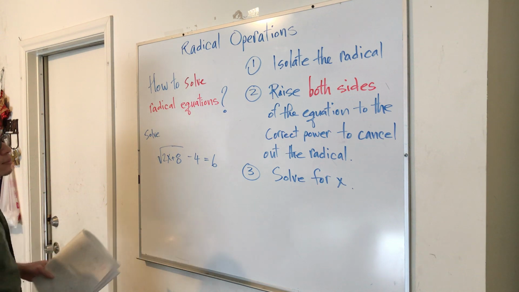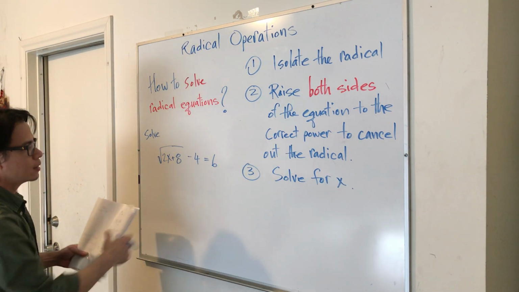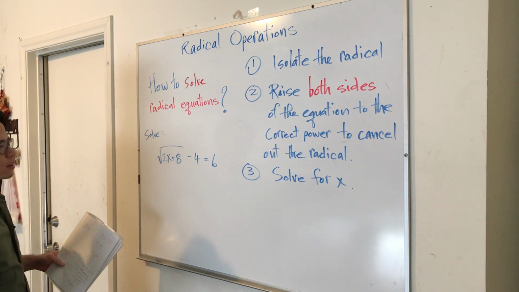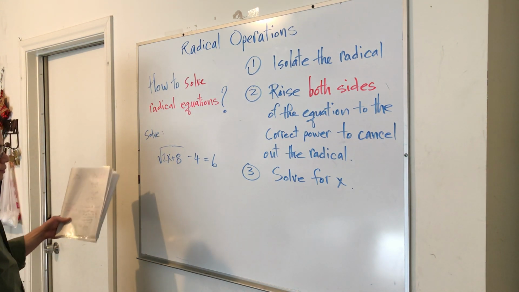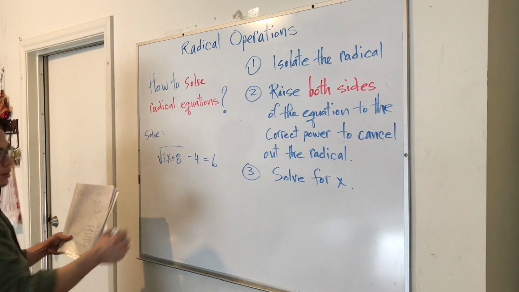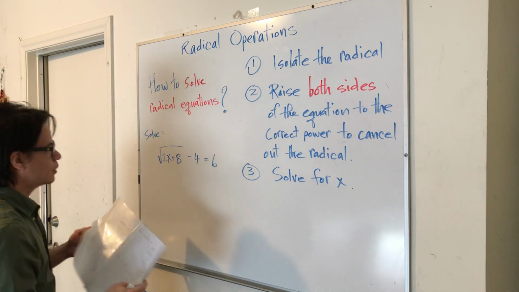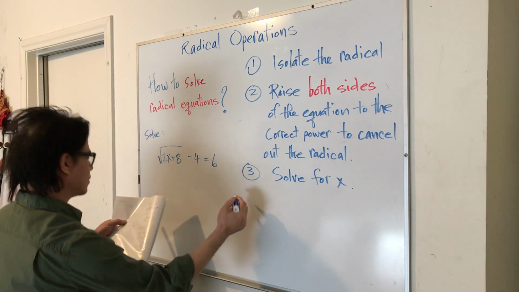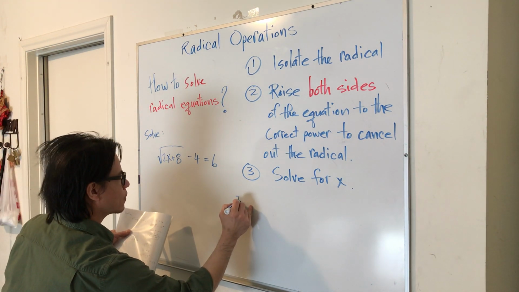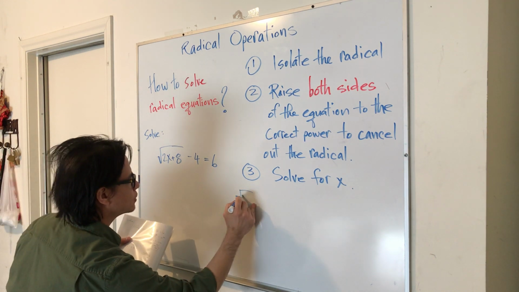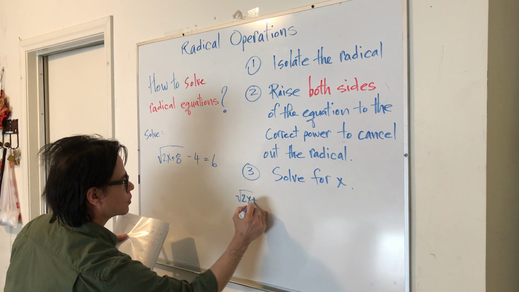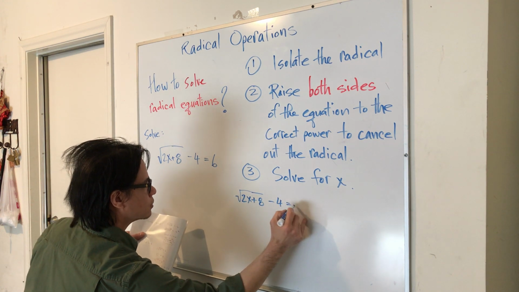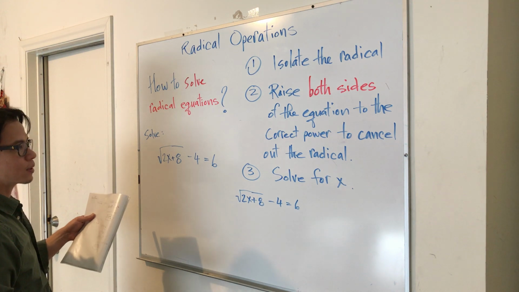Okay, so let's apply what we've just written down to this equation here. Just going to rewrite this over here. 2x plus 8 inside the square root minus 4 equals 6.